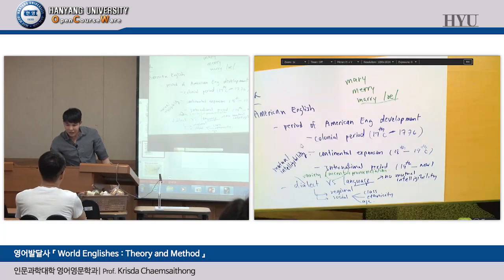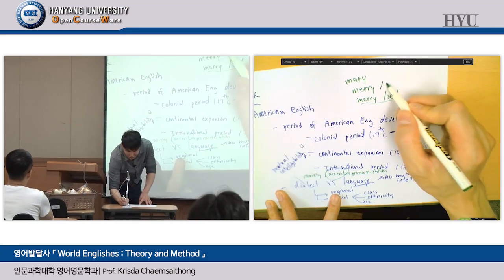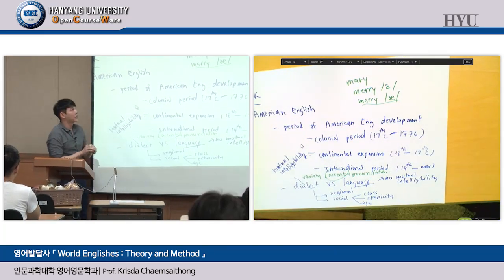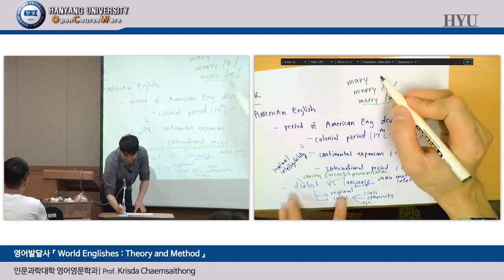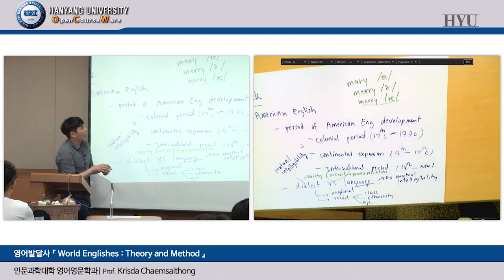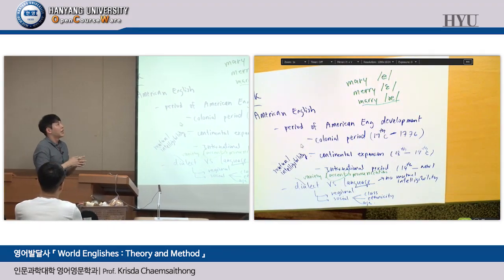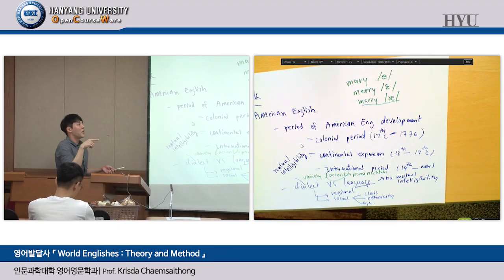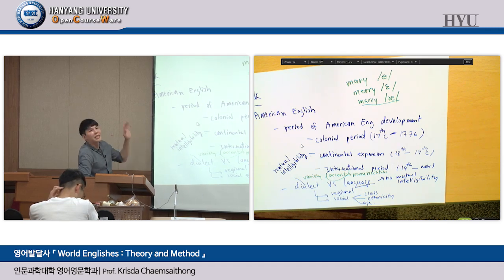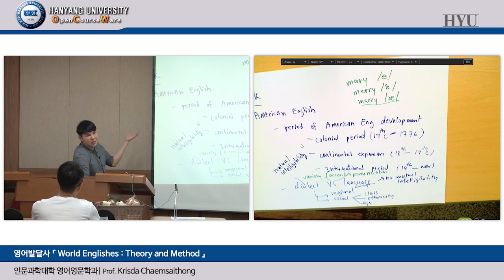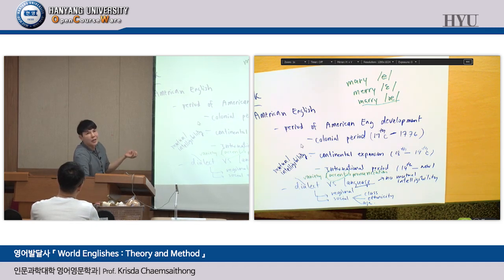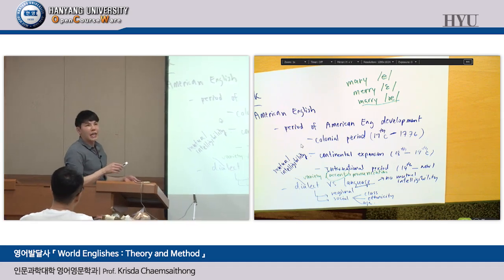And this is to be happy, merry, Merry Christmas, like that. And then Mary, a person's name, right? But it doesn't matter because in a context, you know whether you marry someone or it's the person's name or whether you are happy, right? In context, you know. So some people pronounce them all alike, right?